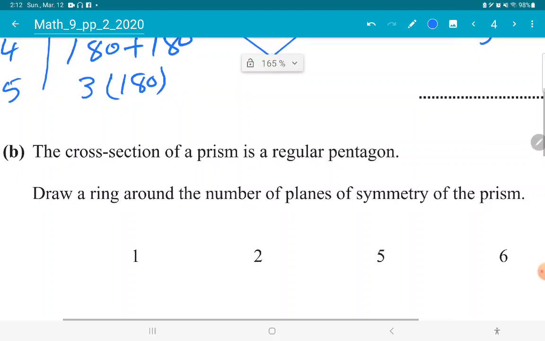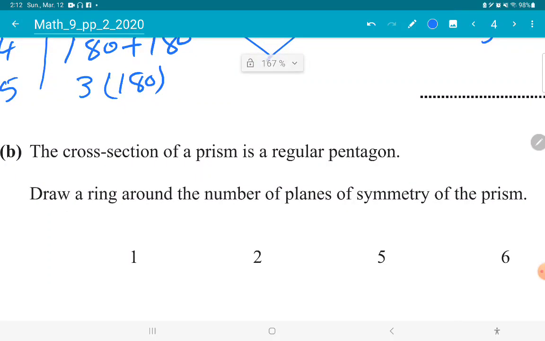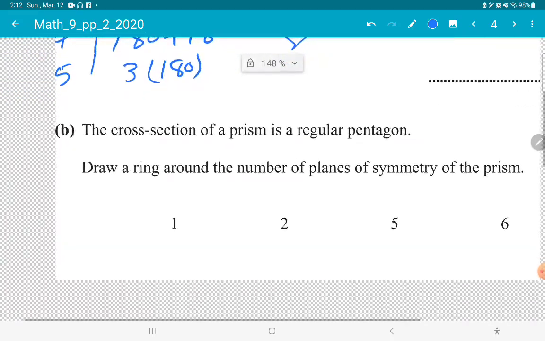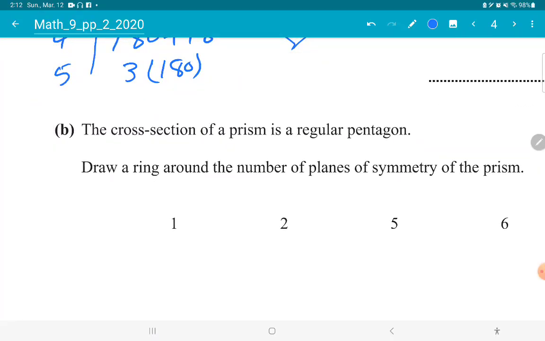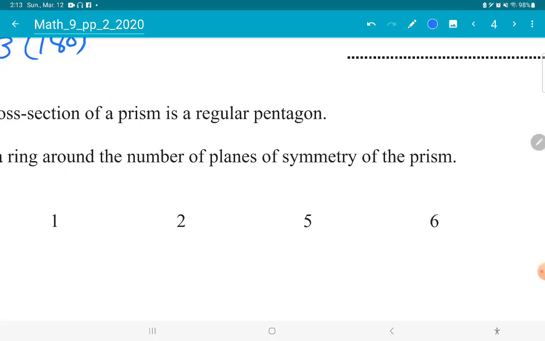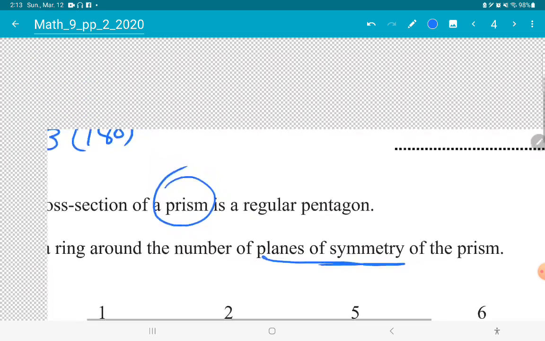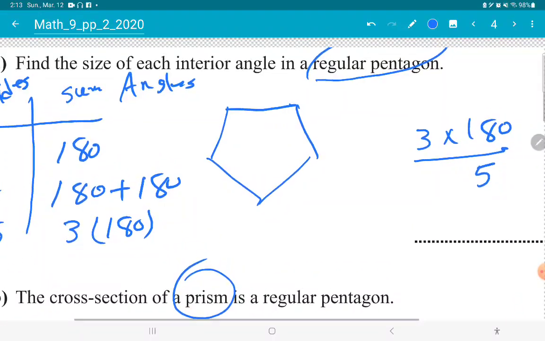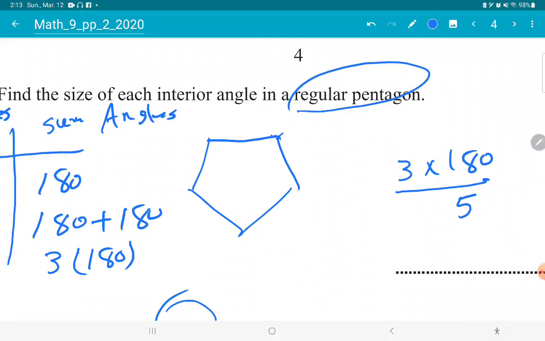B, the cross section of a prism is a regular pentagon. What they want is to draw a ring about the number of plane symmetry. Plane symmetry is like a mirror. You put a mirror on this shape, this is the prism, and then you need to see the same image. So since it's a pentagon, imagine, let me go back to this, and this is the prism.